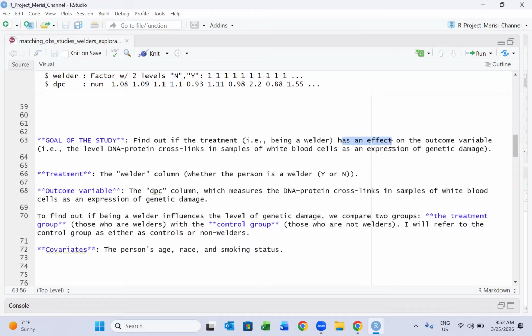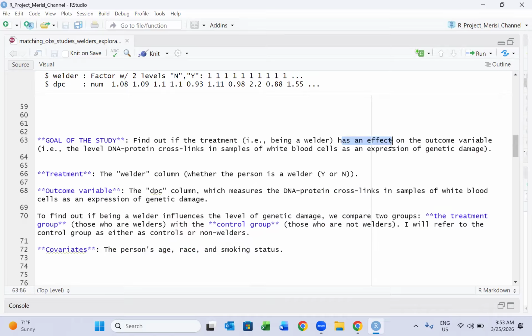Another way of explaining what comparable is: comparable would be treatment and control groups that, at least on average, are similar with respect to all the observed covariates and also the unobserved covariates. What do I mean by observed covariates and unobserved covariates? Let's look at this example. Two comparable groups means that welders and non-welders are similar with respect to age, race distribution, and smoking status.